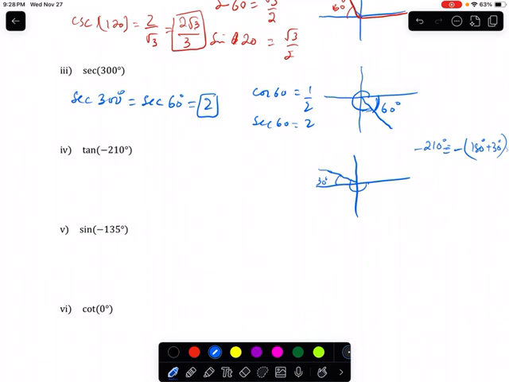So remember, the tangent of 30 degrees is square root of 3 over 3. And in the second quadrant, the sine is positive, tangent is negative. Why? Because cosine is negative. So this is equal to negative square root of 3 over 3.